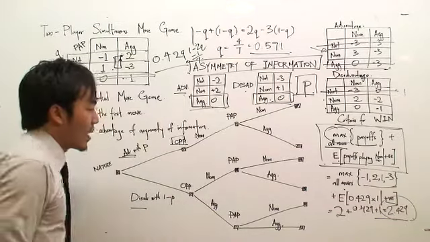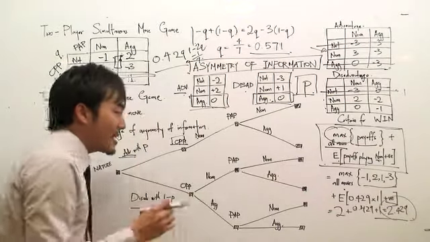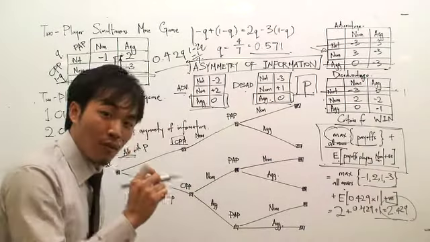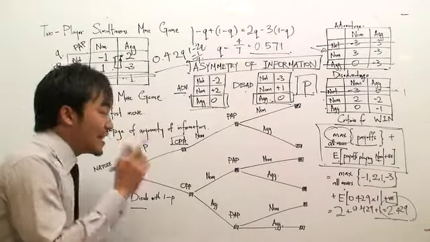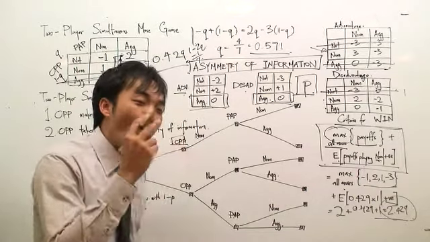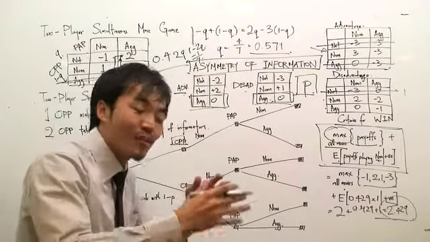But notice this: after the opposition has made the first move, the PAP is actually in 3 states. 1, 2, 3. However, and this is key, they are in 2 information sets. What do I mean by information sets? They have only gotten enough information to draw their conclusions about the opposition.